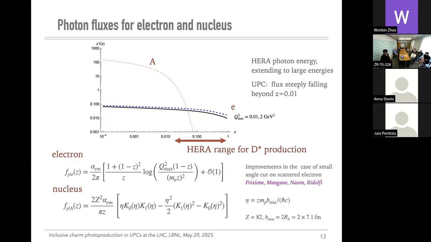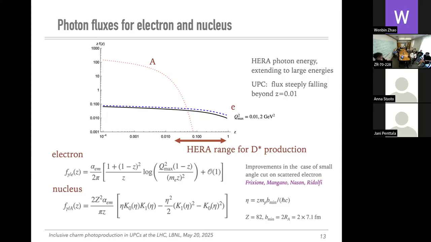So it extends to very large photon energies, whereas the nuclear flux is dropping because of these exponentials. But here z is the energy fraction, photon energy over ion energy. But the ion energies are higher. Of course.